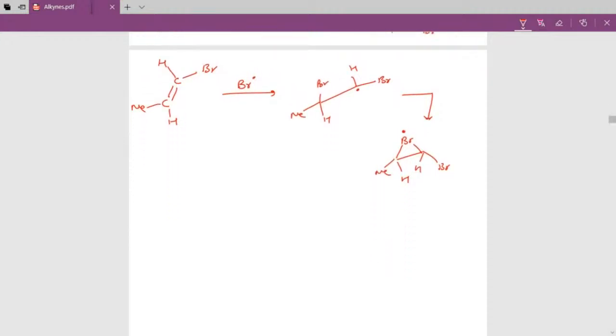Here is the formation of the cyclic bromine radical. And then again by the use of HBr, we get the product. I'm not going into much of stereo here.